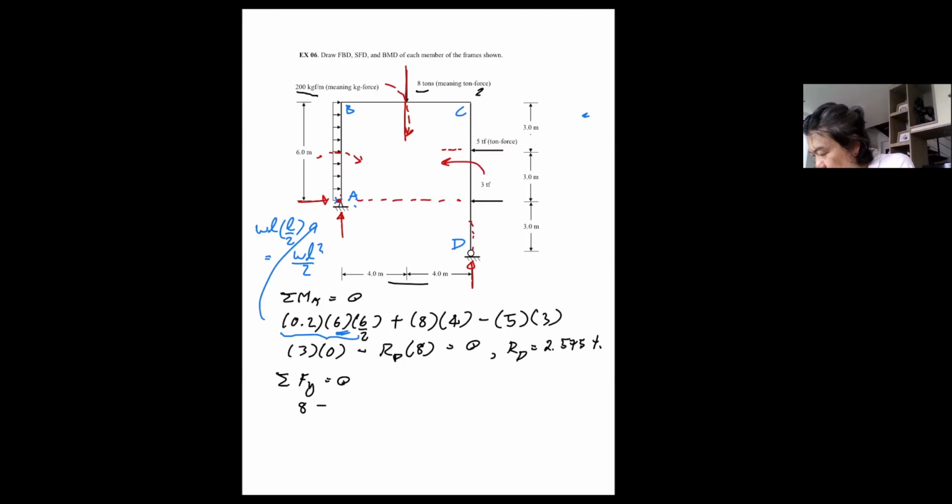So it's 8 minus 2.575 minus RA equal to 0. So now you know that RA is 5.425 tons.